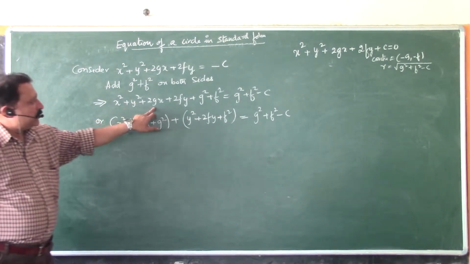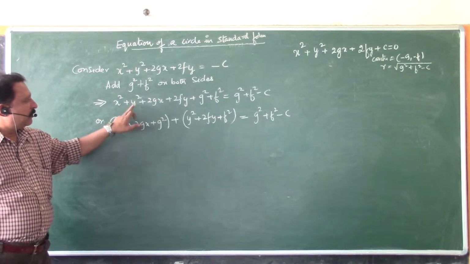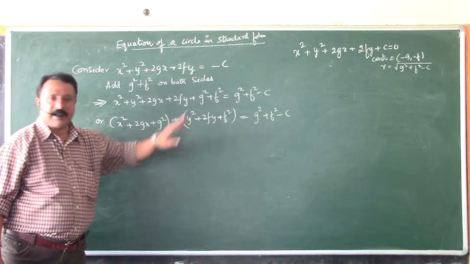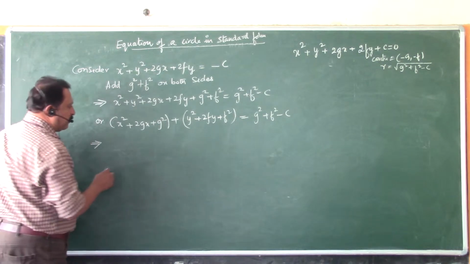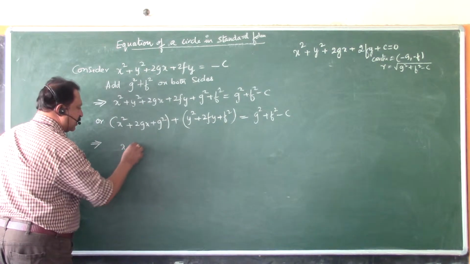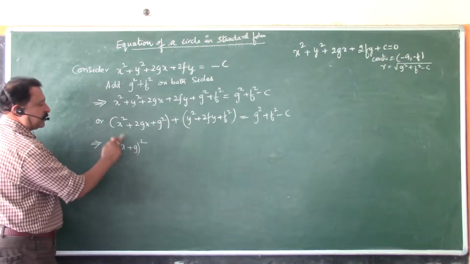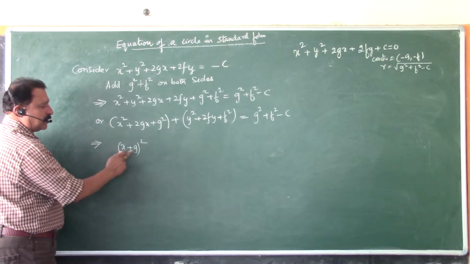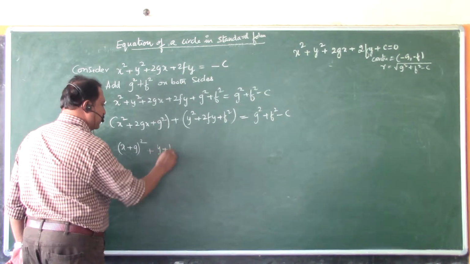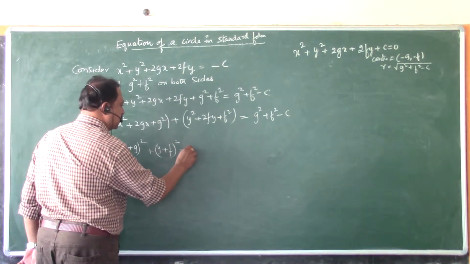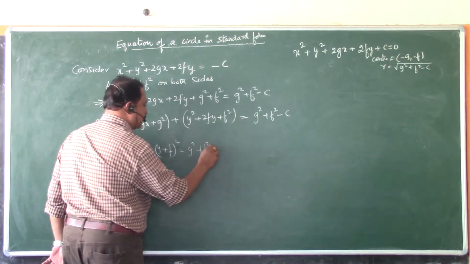So this now implies x plus g the whole square. You know what x plus g whole square is? x square plus 2gx plus g square. Plus y plus f whole square is equal to g square plus f square minus c.